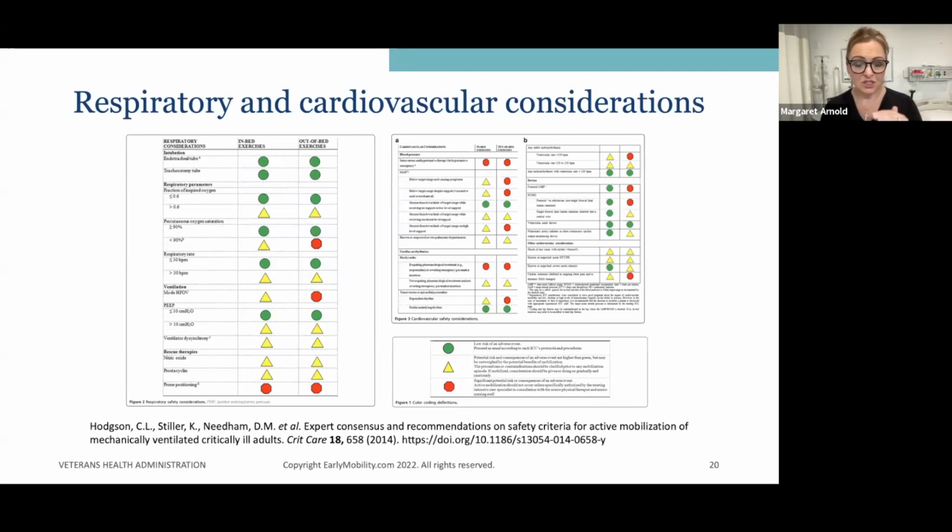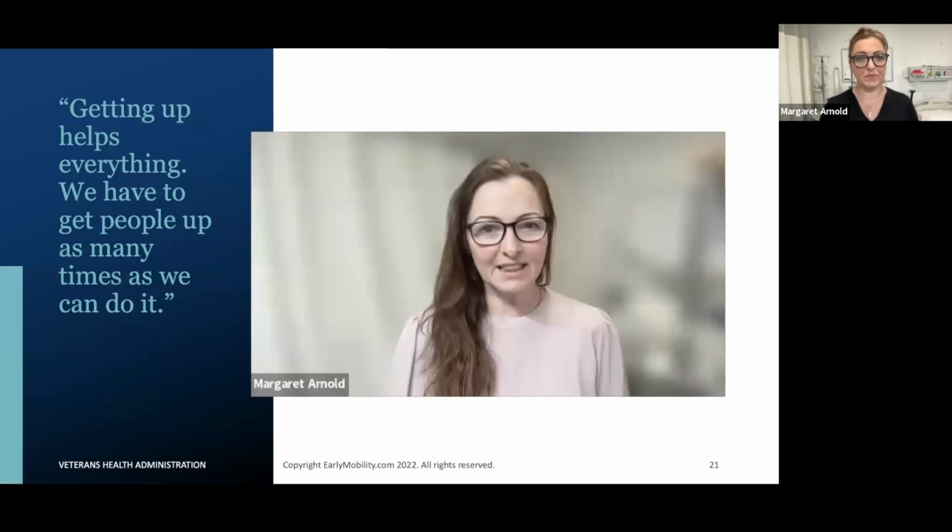A red stop sign says that the risk of harm may outweigh the benefit of the activity. A yellow triangle represents where extra caution is needed, and you have to weigh the risks and benefits and really talk to the medical team. A green circle means generally this is safe to do, in bed, out of bed. Excellent article if you're looking for safety criteria.